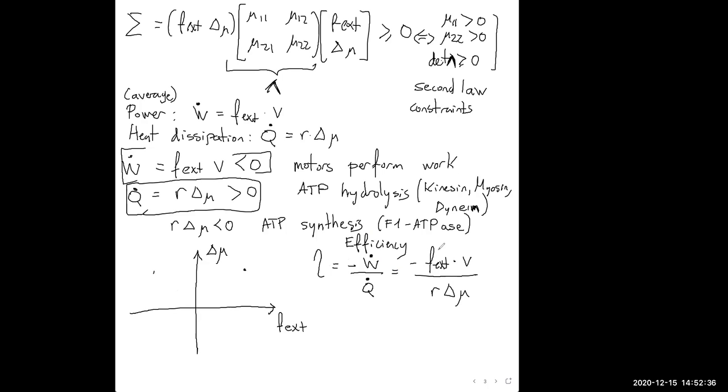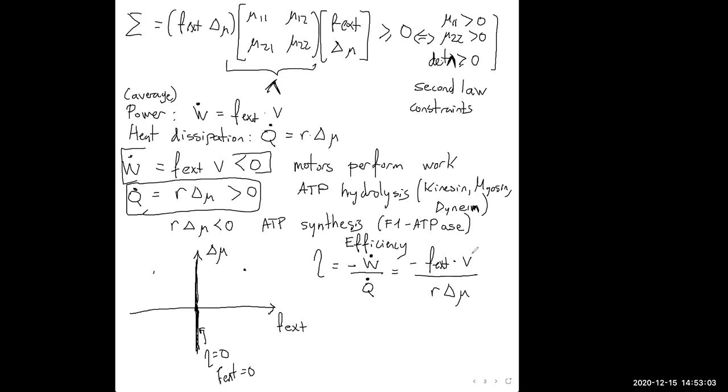First of all, if there is no force, Fx is 0, so we are on this line. Along this line the efficiency eta is 0, because the external force is 0.